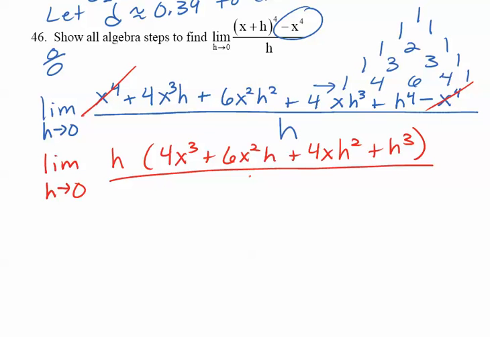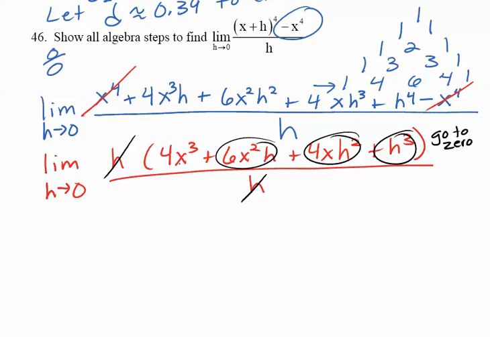The reason we knew we needed to do that was to solve our 0 over 0 problem. So h is gone, and now we're ready to do our limit. Let h go to 0. When we let h go to 0, these 3 terms I've just circled all go to 0. So all that remains for our answer is 4x cubed. And that's going to have something to do with derivatives next week.